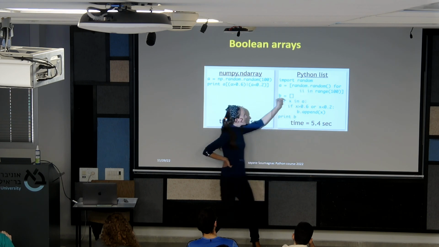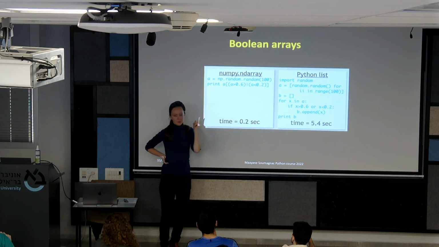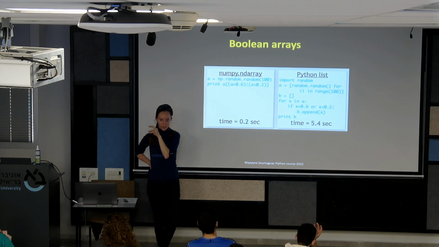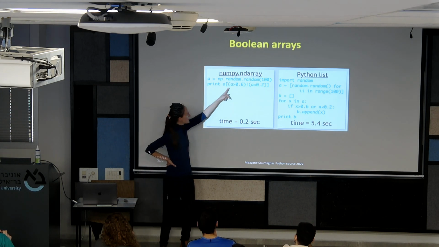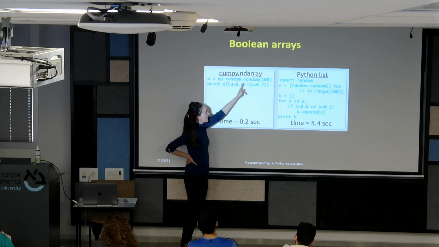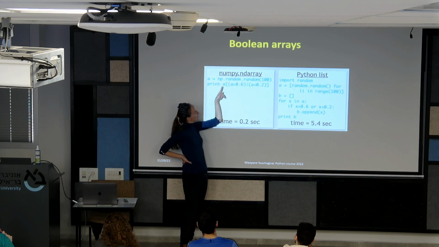You remember I told you it's always a good idea to write from blah import blah and not import star, so that you know exactly where a specific package or function came from. So this random is not the same random as here. It's the random function of a module within Numpy.